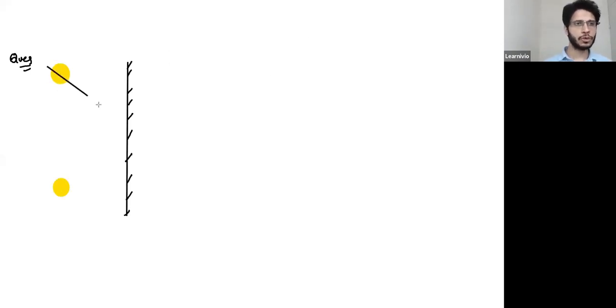Let's do one more question. Now this question would be two-dimensional. Like this is a sword example of NCERT, this is a wall. So this ball is moving in this way, it strikes the wall, and then it rebounds in this way.